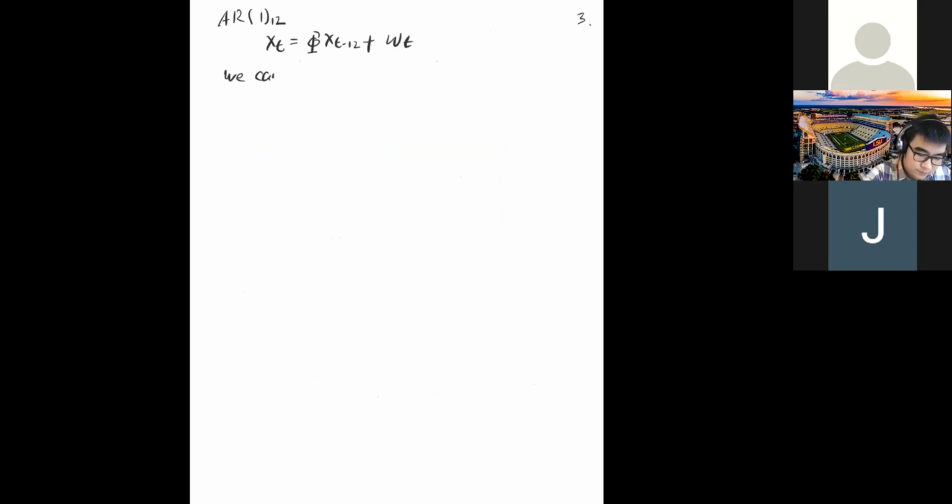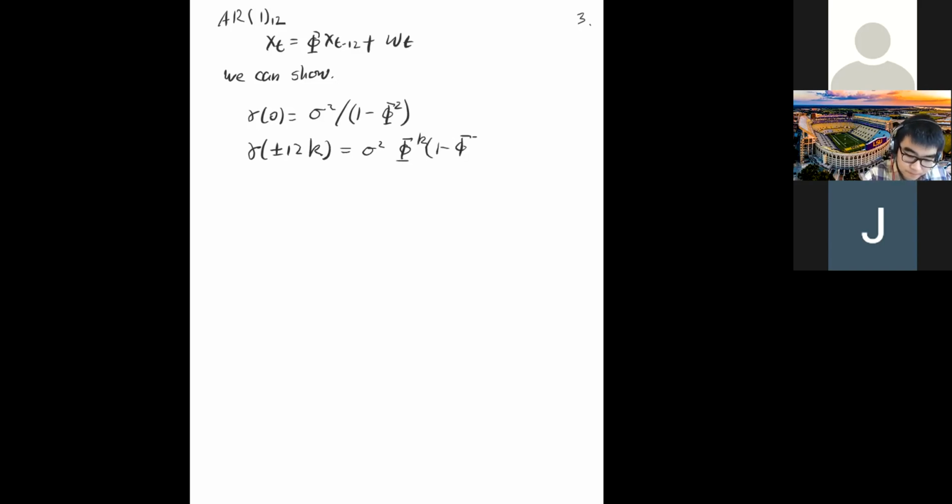We can show the autocovariance of lag 0 is equal to this, and the autocovariance of lag plus or minus 12k is equal to this. Okay, and all other lags have autocovariance equal to 0.